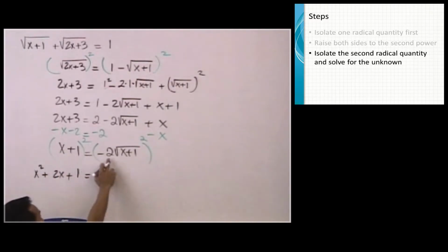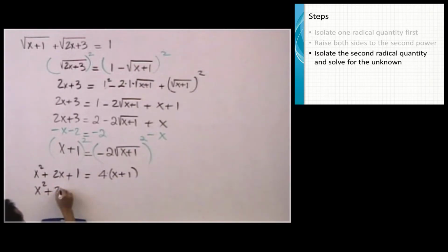On the right side, the negative 2 to the second power is positive 4 times the square root of x plus 1 to the second power, which is simply x plus 1. And work it out. Left side, I have x squared plus 2x plus 1. And the right side, I have 4x plus 4.